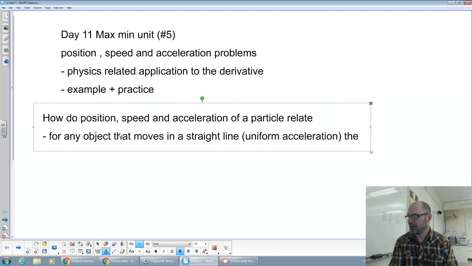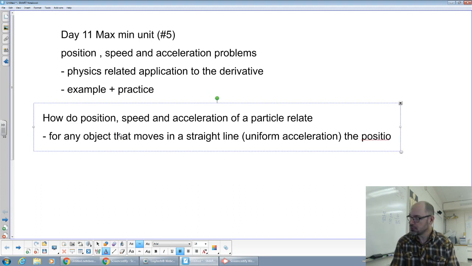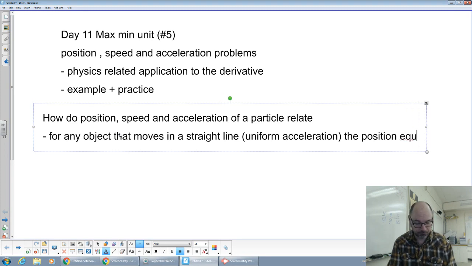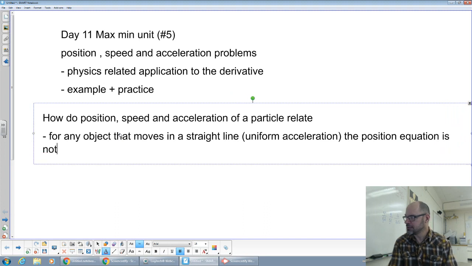We can say the position equation is noted as S(t), where S is a function of time. Okay.